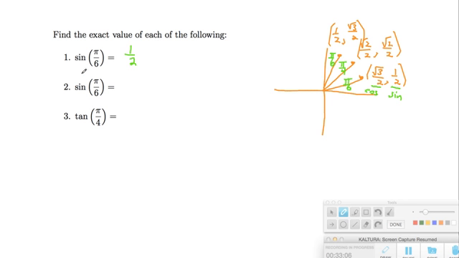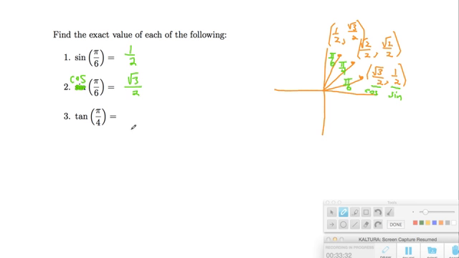Number 2 is the same problem, so let me change it to something else so that you get a different example. Let's do cosine. Let's suppose we were asked to find cosine of pi over 6. Well, cosine of pi over 6 is the x-coordinate, so this becomes square root of 3 over 2.